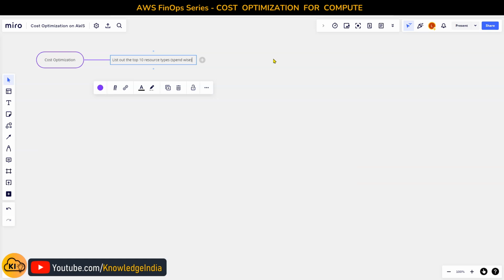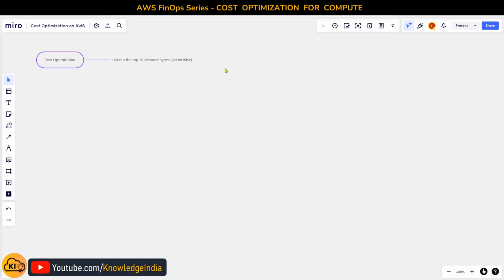Look at the data for the last 12 months or 6 months and see which services are where you are spending the maximum money. So list down the top 10 resource types.